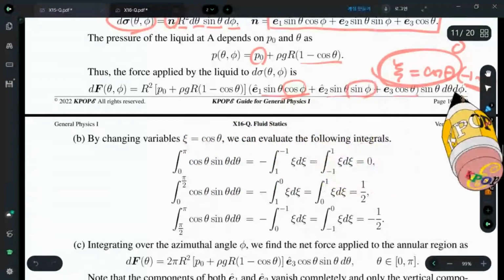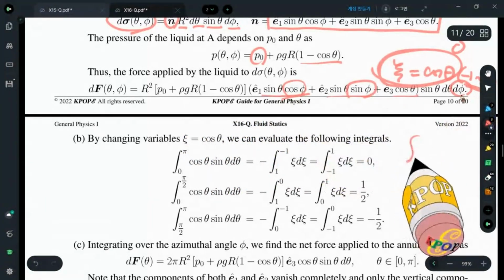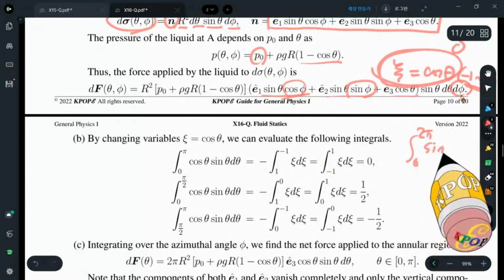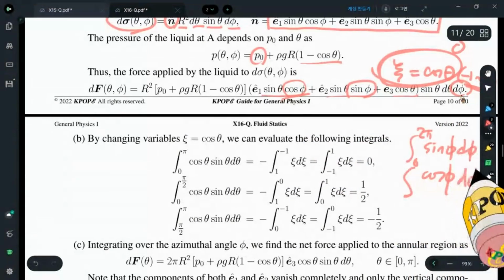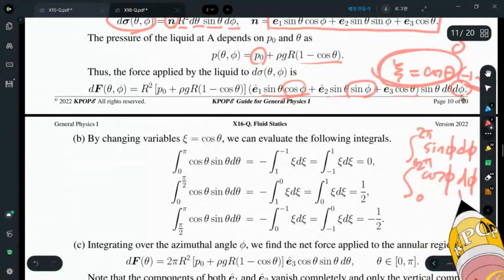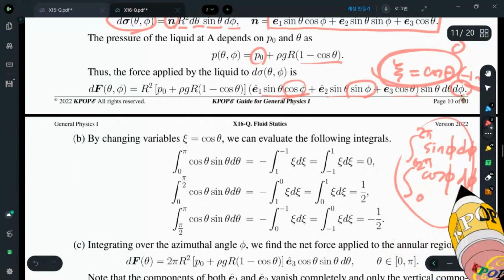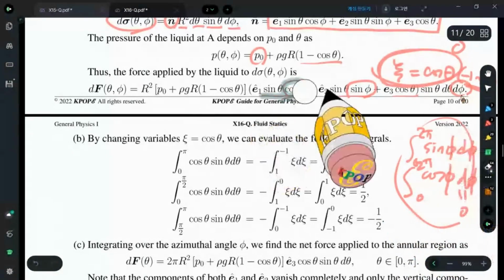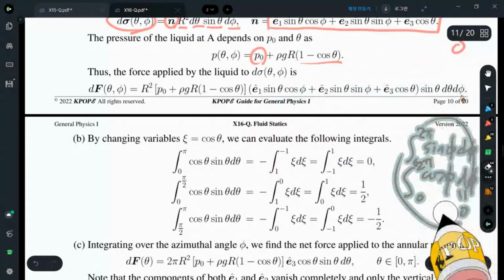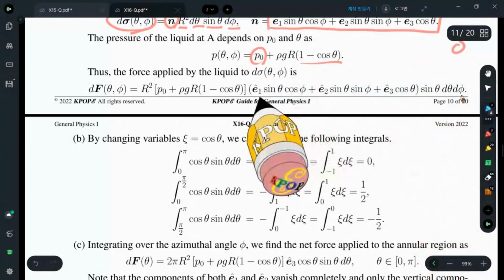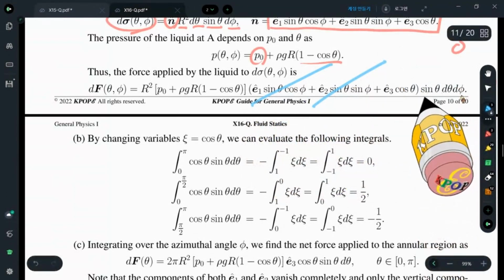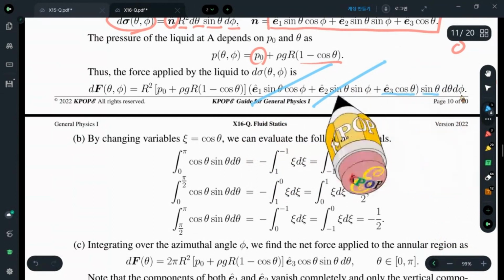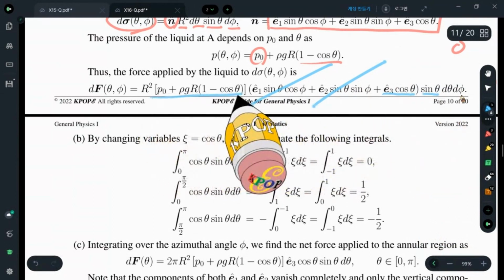Because of this integral from 0 to 2 pi, sine phi and cosine phi all vanish. It is a trivial integral. They are all zero. So even though the initial expression looks very complicated, everything is gone. What I really need to evaluate is just the cosine and sine terms and this integral.